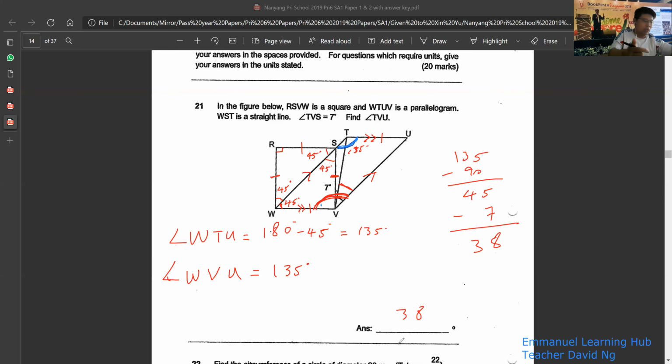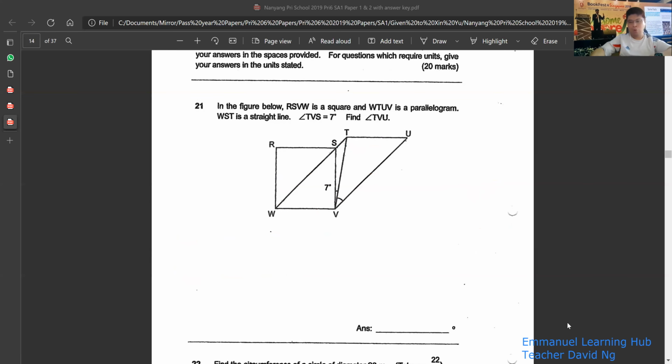Is this a hard question? No, right? Not a hard question, right? This is not considered a hard question, because you just need to know how to directly apply what you have learned.